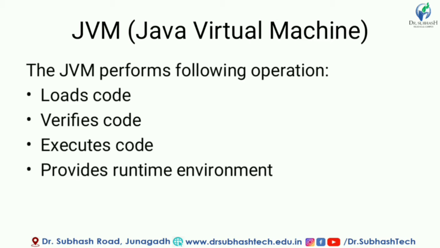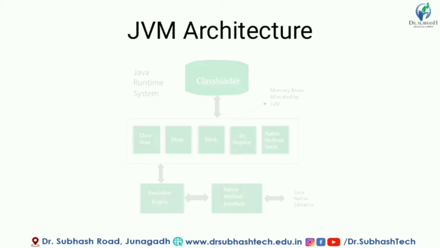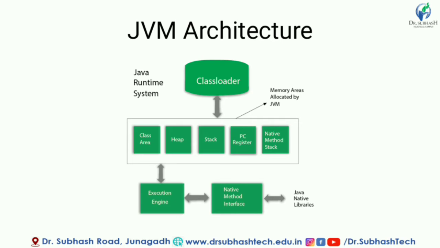Then we will see the architecture of the JVM. At the start you can see the class loader, as the first task was loading the code. Then it was verifying the code, and then the execution. After the class loader, there is a memory area where various memory areas are available.